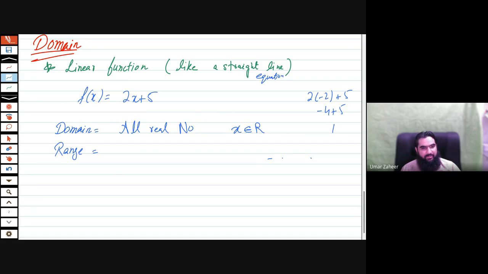Obviously, the y values are also all real numbers. In set form, we show that f of x belongs to all real numbers. It means you can substitute plus 1, minus 1, plus 2, minus 2, 0.1, 0.2, minus 0.7, minus 200.3, any value in this function. If you have a linear function, you can substitute all types of values. Is it clear?